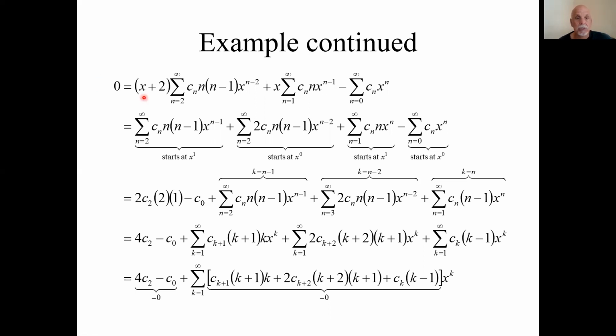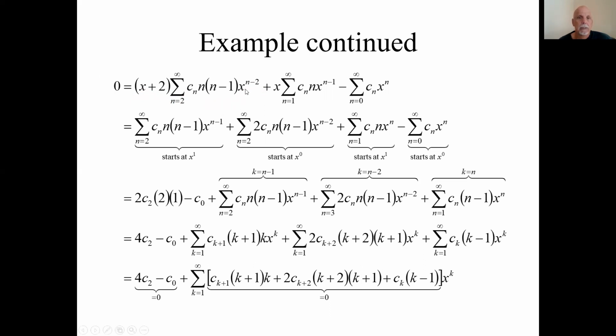First thing we'll do is distribute what's in front of the sums into the sums. Since this itself is a sum, we're going to break this infinite sum up into two infinite sums. First one is x times this sum, which we bring in, which raises the exponent by 1.